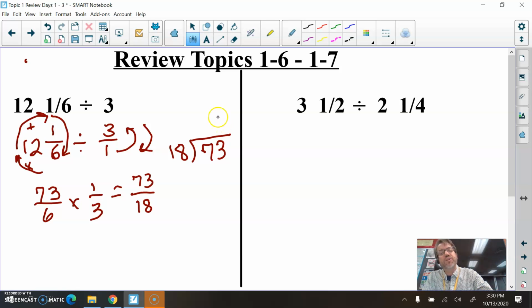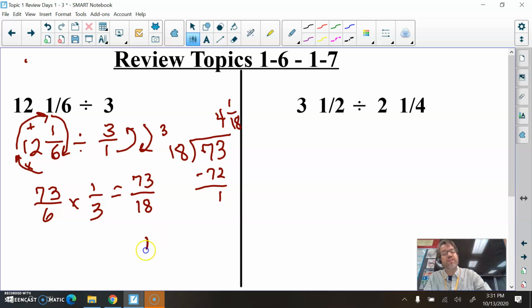But I can tell you it goes in there 4 times. 4 times 8 is 32. Carry the 3 here. 4 times 1 is 4. Add 3, which is 7. And we get 72. Subtract that from 73, we have a remainder of 1. And hopefully at this point you remember your remainder goes over your divisor to create the fractional part of this answer. So we have 1/18 here.